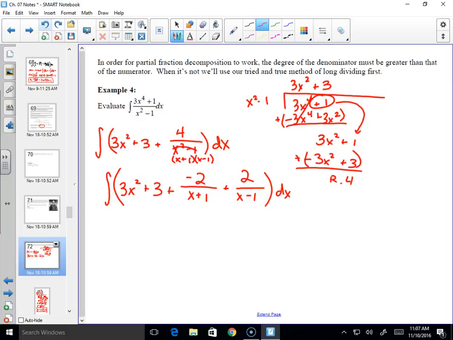Does that make sense? I could have pulled it out, but then I would have had negative 1 instead. No, negative 1 half u. So I end up with x cubed plus 3x. And then we have minus 2 ln of x plus 1 plus 2 ln of x minus 1.